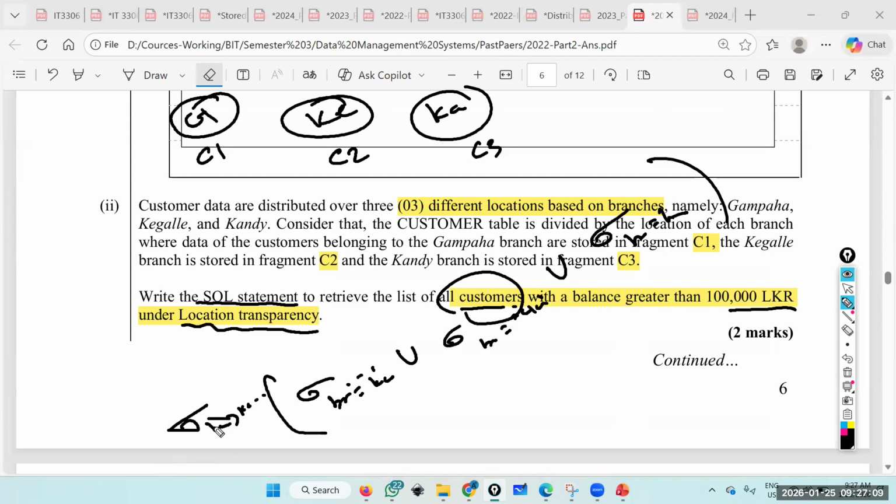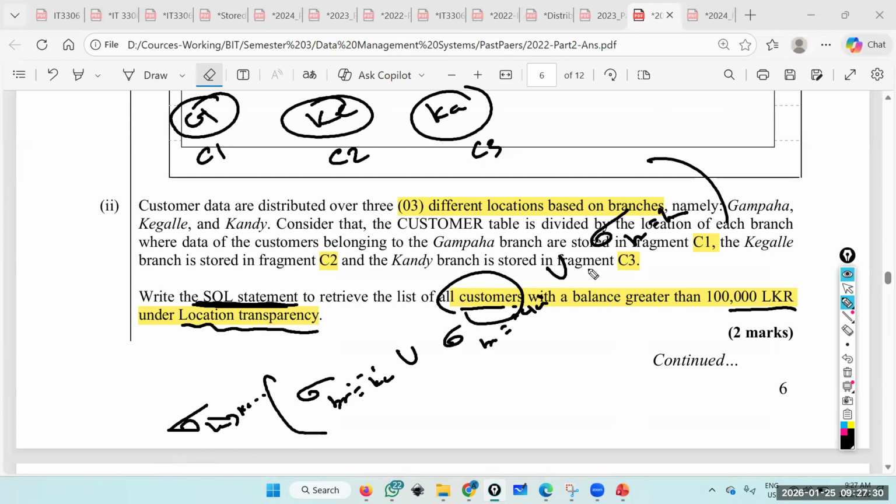I don't know, if the examiner refers to them as C1, C2, C3, then it is not location transparency. So now this is purely you need to write an SQL statement. So that means you can just write a normal SQL statement.